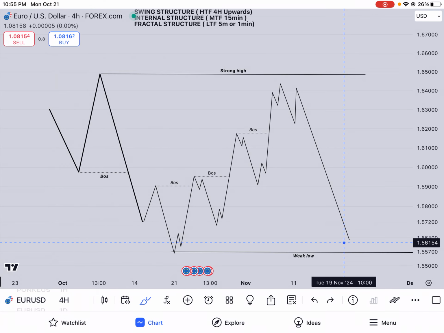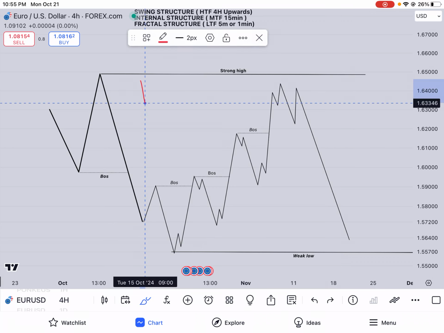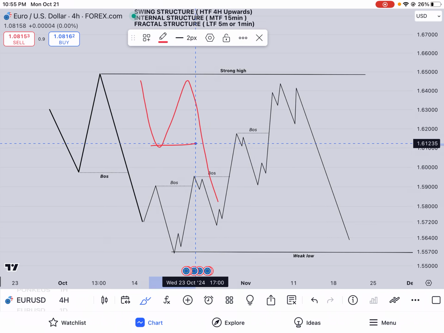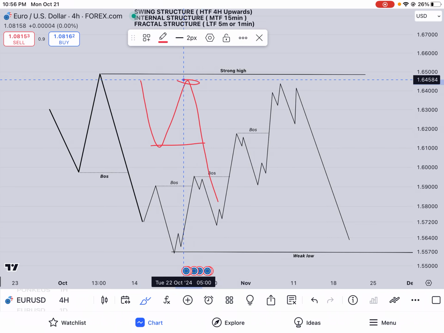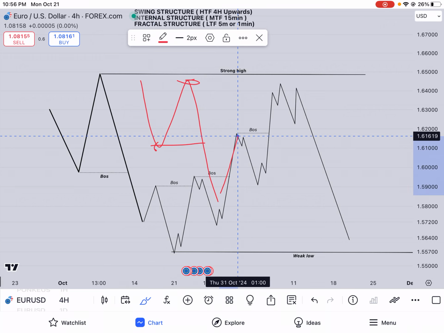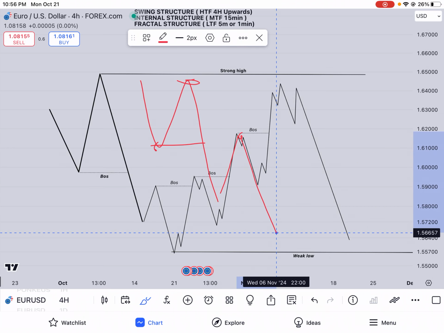Remember what I taught you that time in the basic market structure? I said when the market is forming a structure like this, and then if you break this structure to the downward direction, that means the high is strong but the low is weak. So that means anything you want to be doing, the high will eventually be pushing the market downward. If you get to another point, a stronger high will push the market downward again.